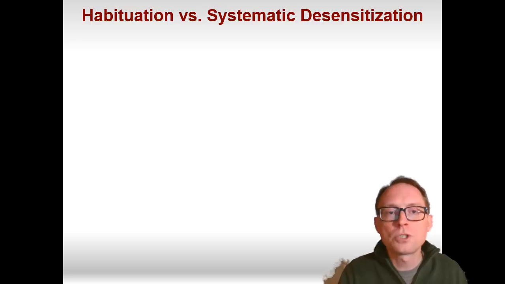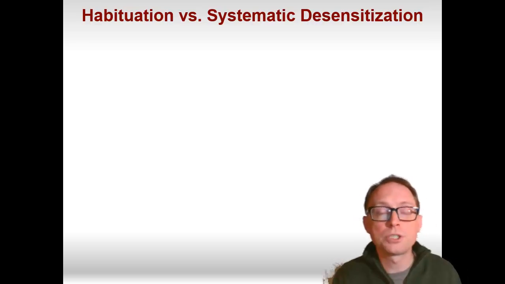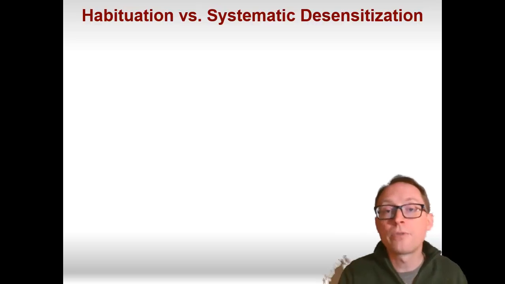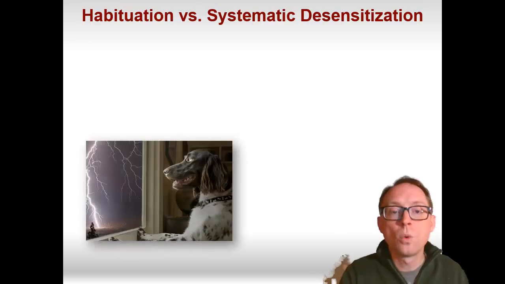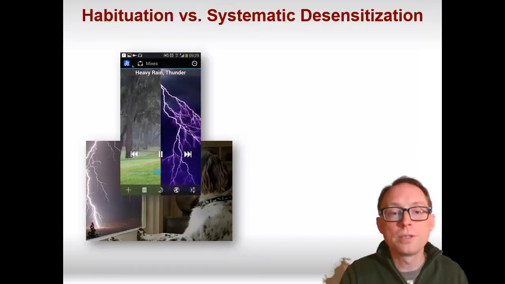So let's take an example of a dog. The dog is afraid of thunder. Whenever the dog hears thunder, it starts to panic, it starts to run around, be very upset. Habituation is when you take the dog and all you do is you just make that thunder noise over and over and over again.